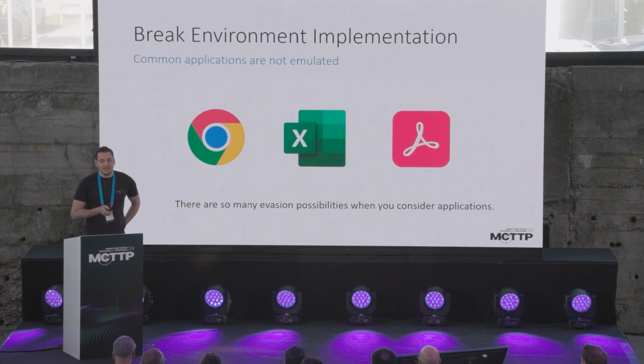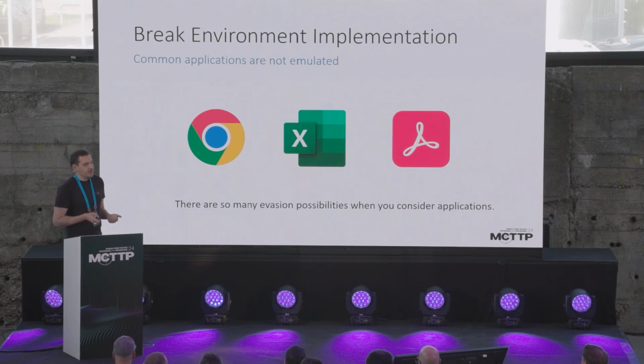So what else can we check? Well, you know that in a corporate environment, you have some applications that are always there, 99% always there. If you are on Windows, obviously, you expect to have Office, you expect probably to have Chrome, you expect to have a famous PDF reader and others. So you can just check, are those applications there?